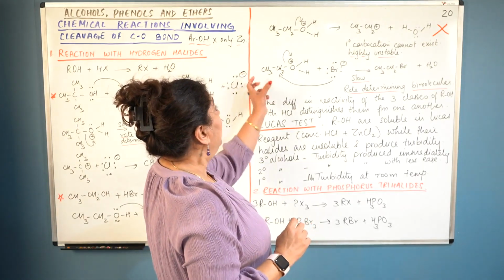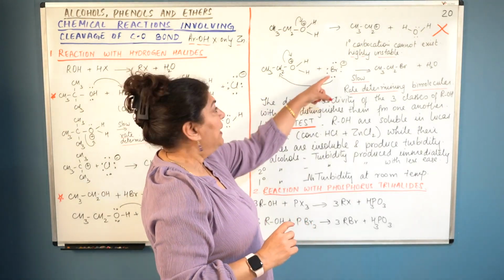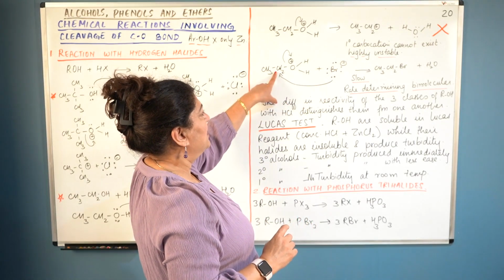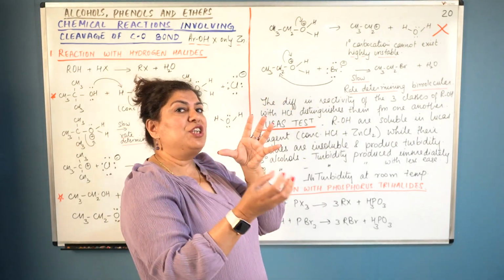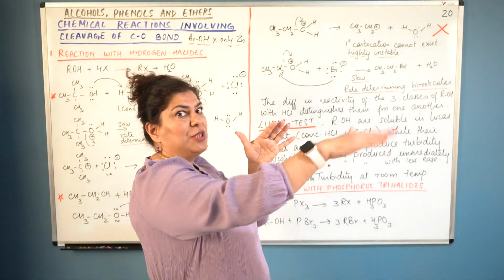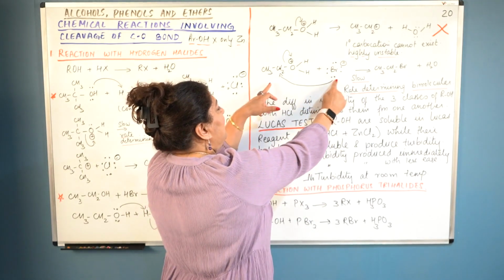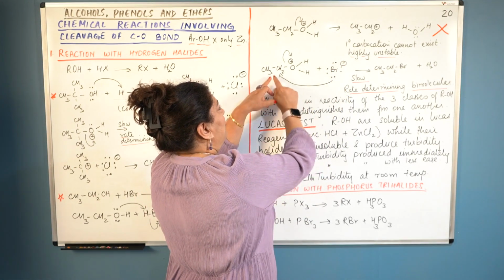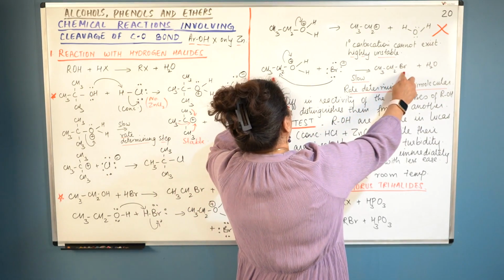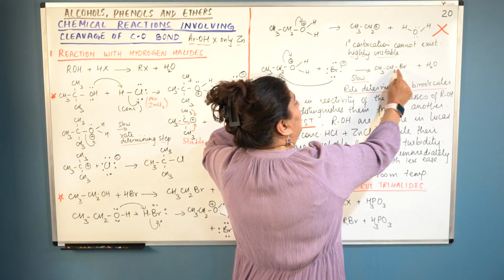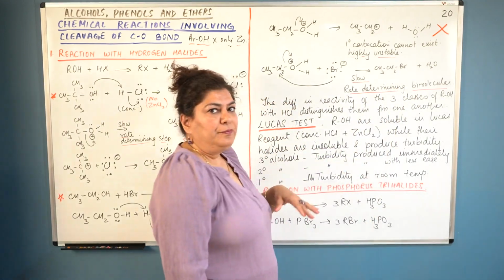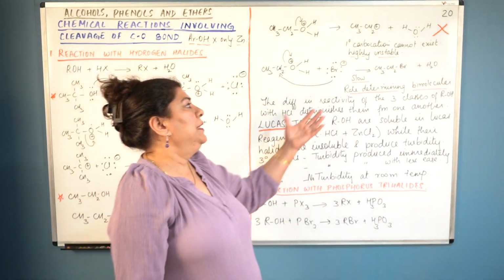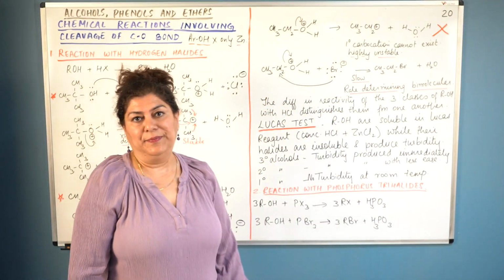Alright? And at the same time, the Br negative that is present comes and attacks this carbon, which kind of becomes positively charged because it lost its electron. And that extra electron that it has, it uses a pair of electrons to form CH3CH2Br, to form a bond between this carbon and bromine. So you get the primary alkyl halide.